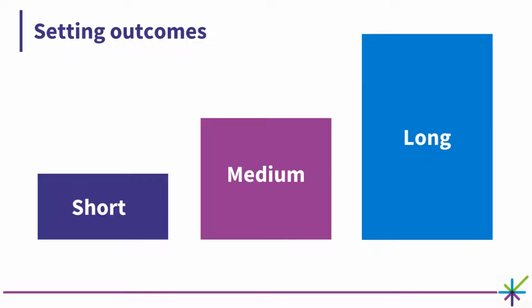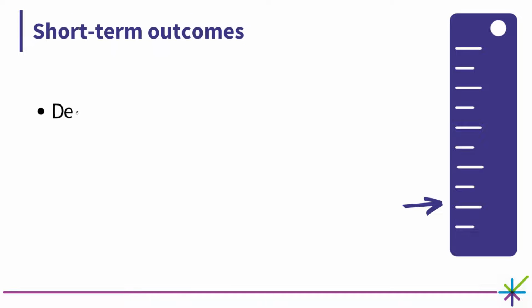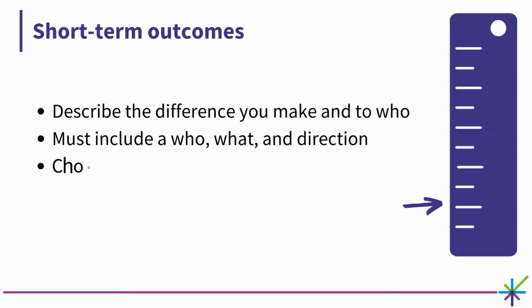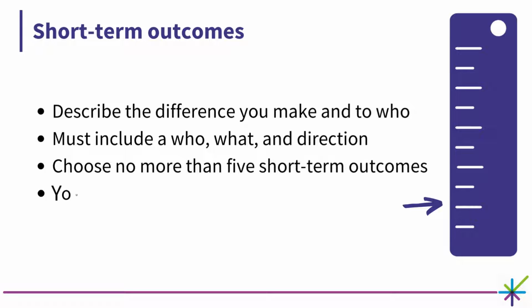Next, we suggest setting out your outcomes. We have broken these down into short, medium, and long-term or strategic outcomes. Short-term outcomes. Outcomes simply describe what difference you make and to who. Short-term outcomes will be a logical result of your activity.